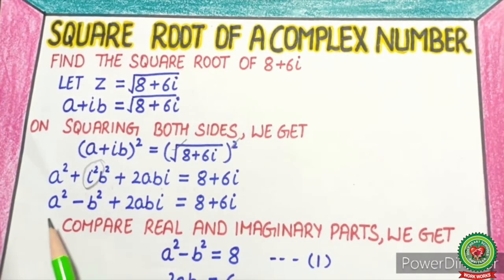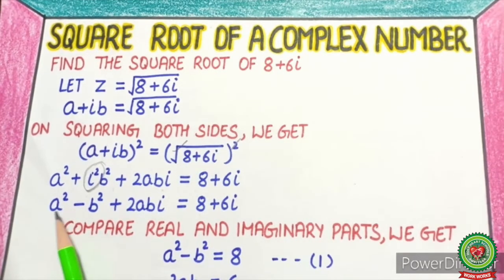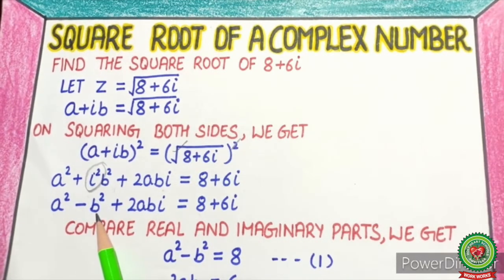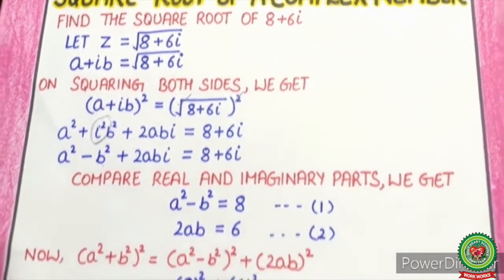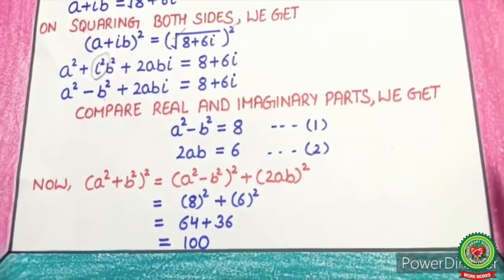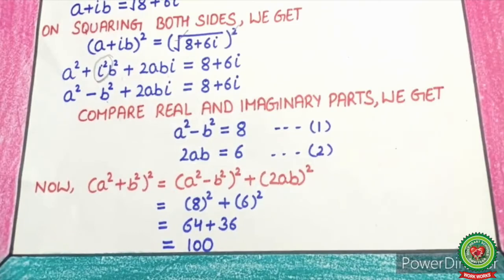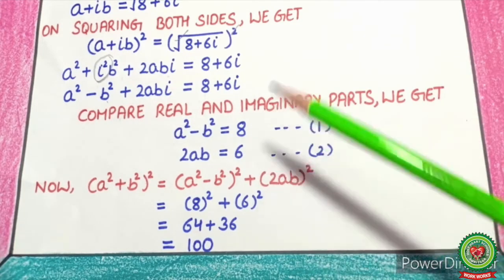So in our next step, a square minus b square plus 2ab iota is equal to 8 plus 6 iota.